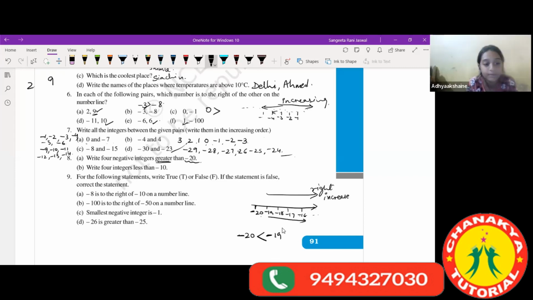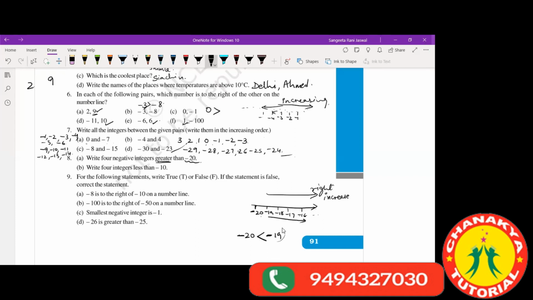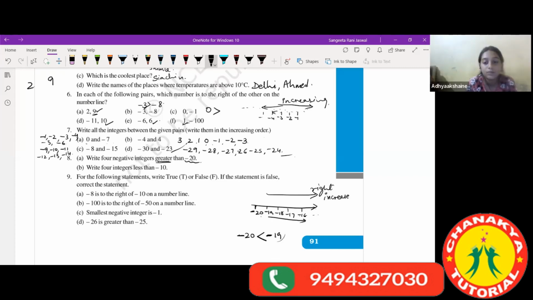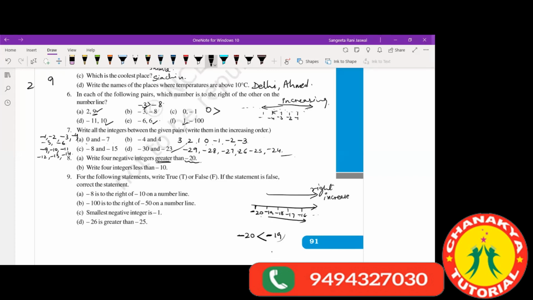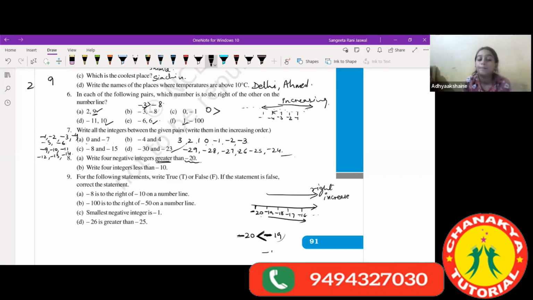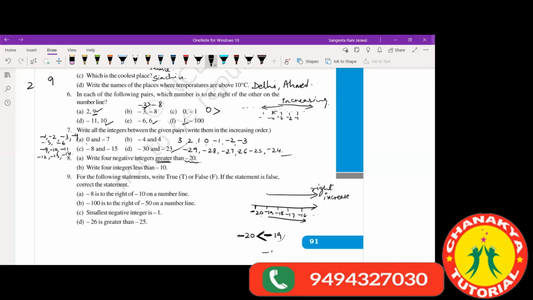So -19 becomes the greater number. It's not like positive integers, where 90 is greater than 20. When you have negative signs, the order becomes reverse.